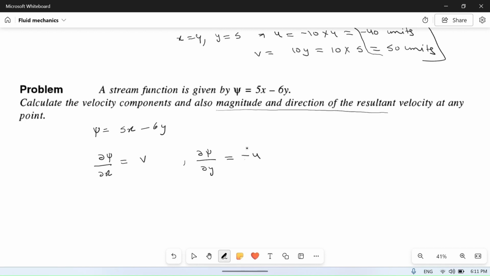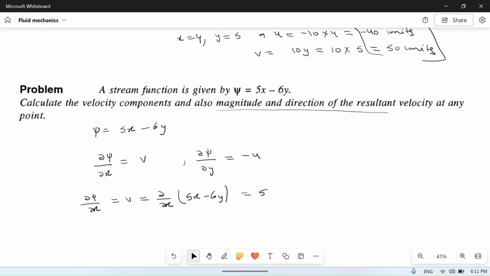Only the sign you have to remember. Now del psi upon del x is equal to v, which will be equal to del upon del x of 5x minus 6y, so it will become 5 because y will be constant, so the other component will become 0.